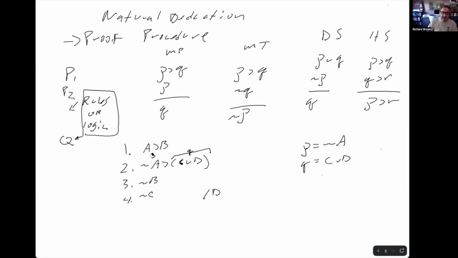So we could think of that sentence as saying P horseshoe Q. In which case, if we wanted to get the Q part, modus ponens is our useful tool for breaking apart a horseshoe.